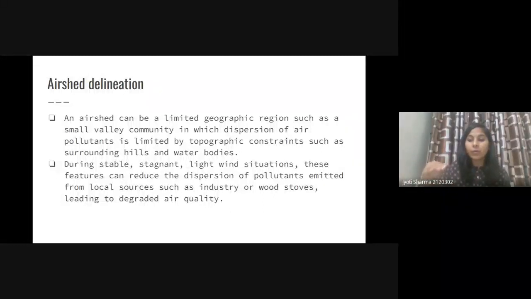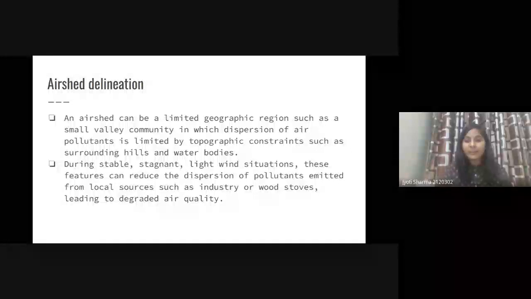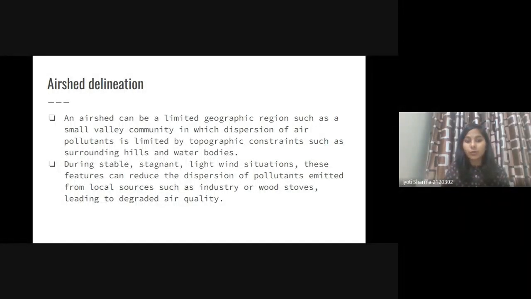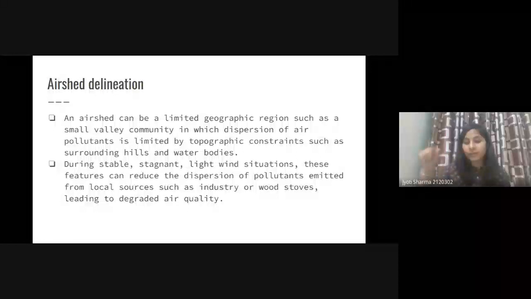A limited geographical region, for example, a small valley. If you go outside of that valley, you will have different air pollution emission sources, and the air pollution characteristics will be different. So this airshed has been limited by some geographical reason, by which we can decide the boundary of our airshed. First is by the geographical region.